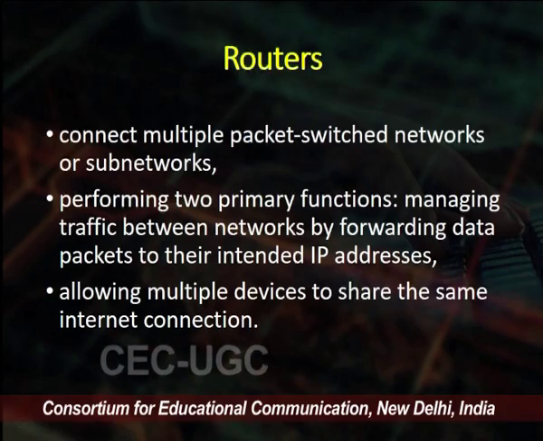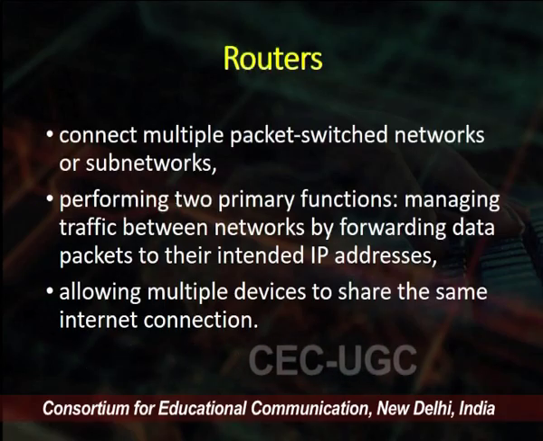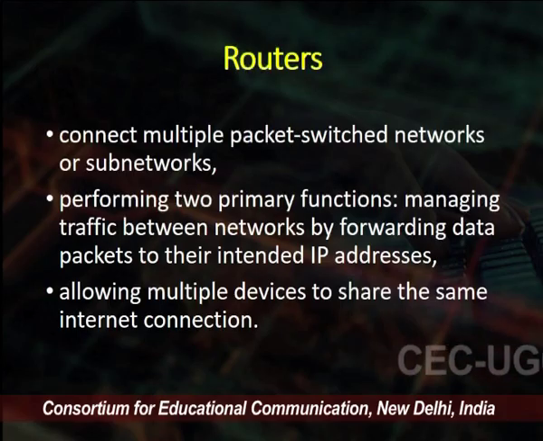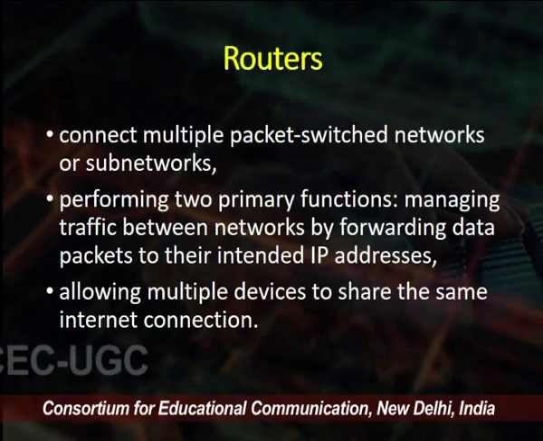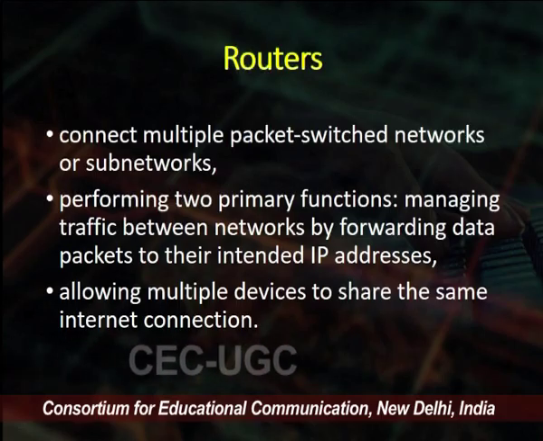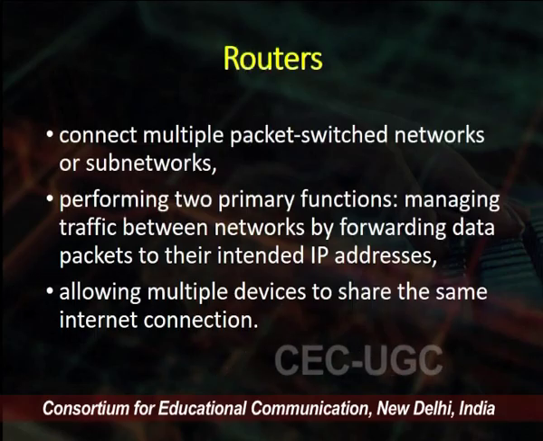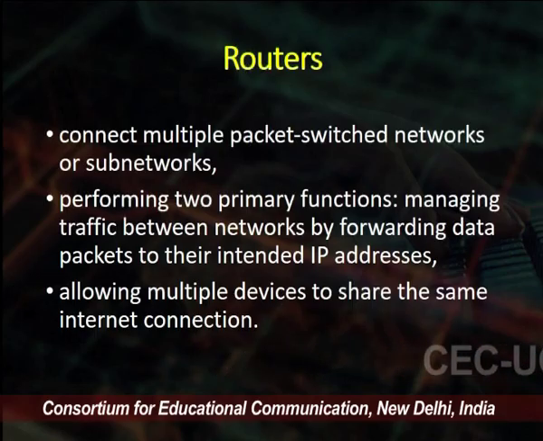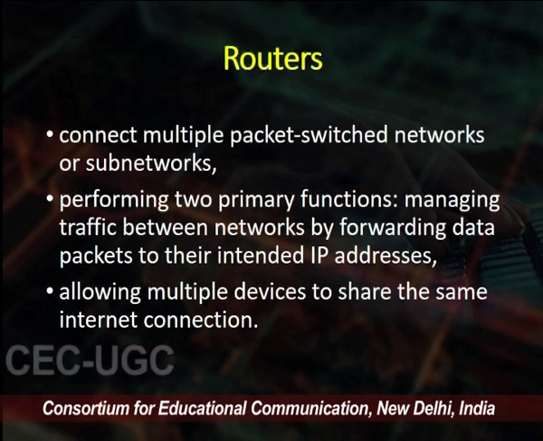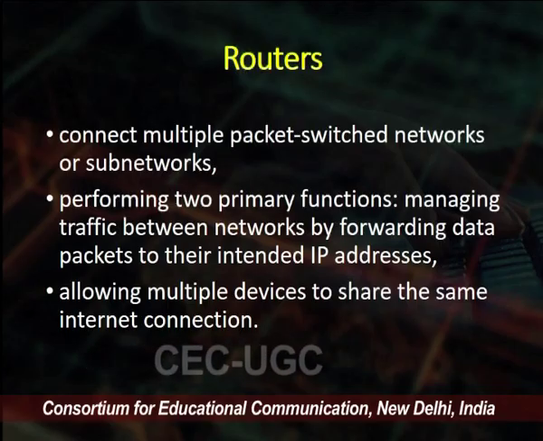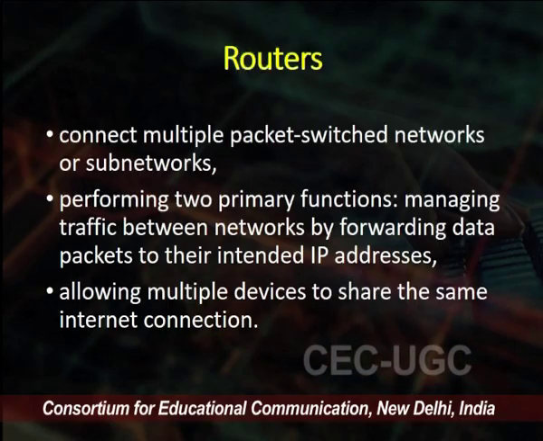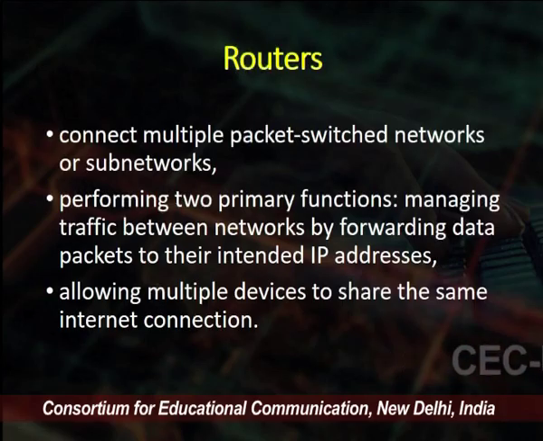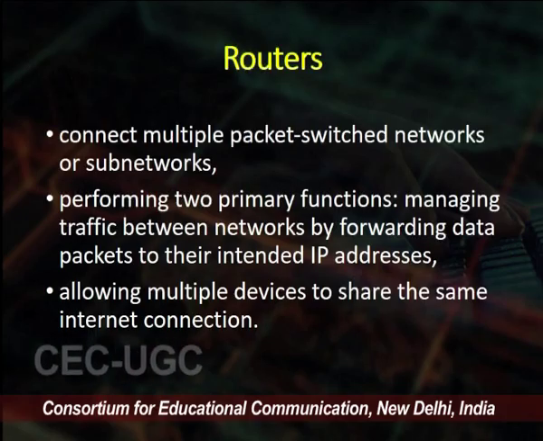So, basically two primary functions are there for the router. First is managing the traffic between the networks by forwarding the data to their intended IP address. That means it is going to route the data packets to their destination or intended IP address, and also it allows multiple devices to share the same internet connection.